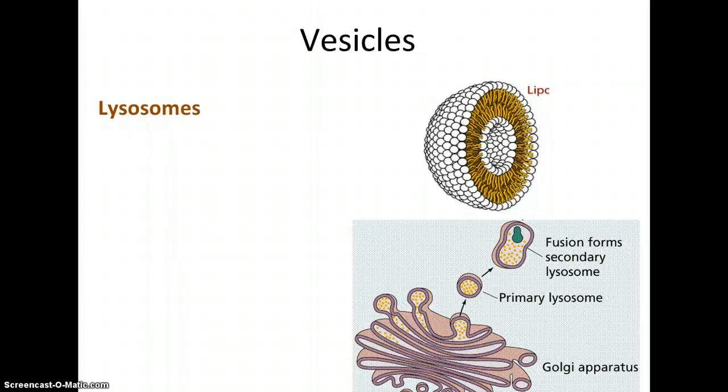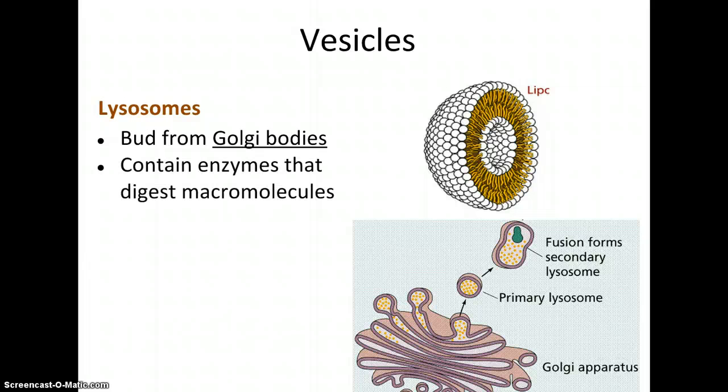Alright, some more vesicles. There's lysosomes. That's what you see coming from the Golgi bodies. Now they have enzymes in them that are going to digest the macromolecules, which means that they can digest proteins and fats and carbohydrates. Because they can digest those, it's recycling that material.